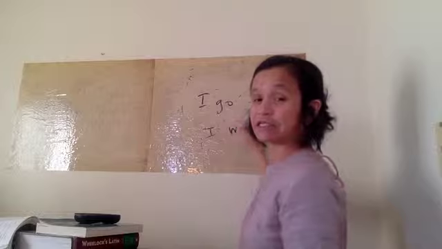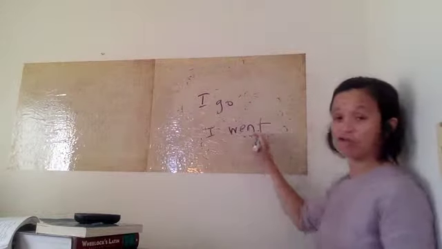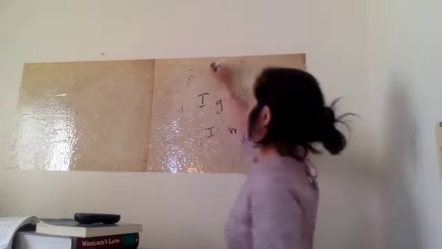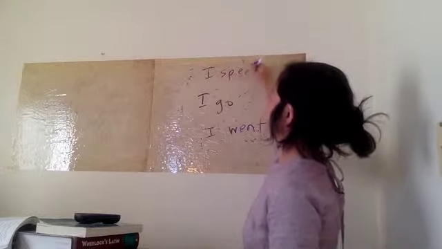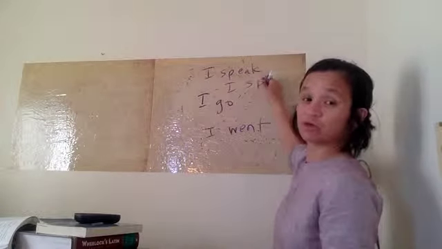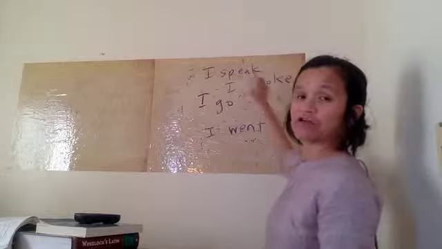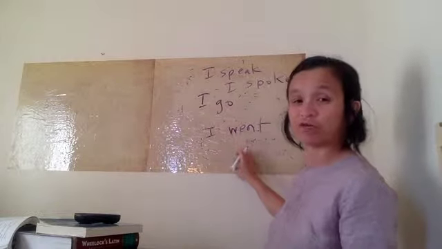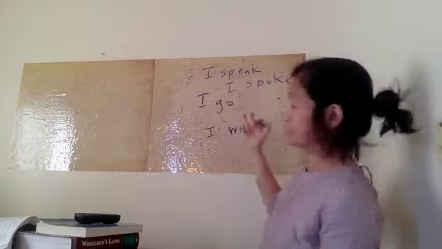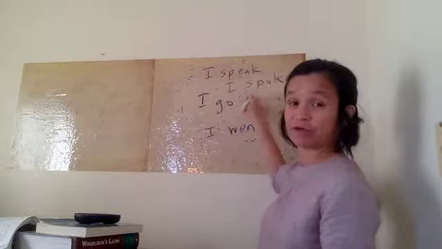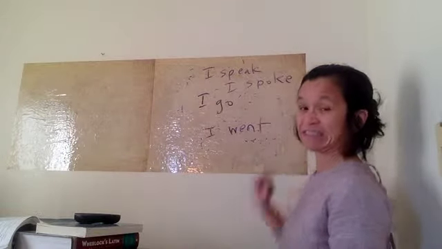In the past tense, I say I went. So a very different form. Or we might also say I speak, but I spoke. And notice here there's a total change in the form of the word. In other English verbs, there's a change of the vowel, but other parts of the word, the SP and the K, stay the same.